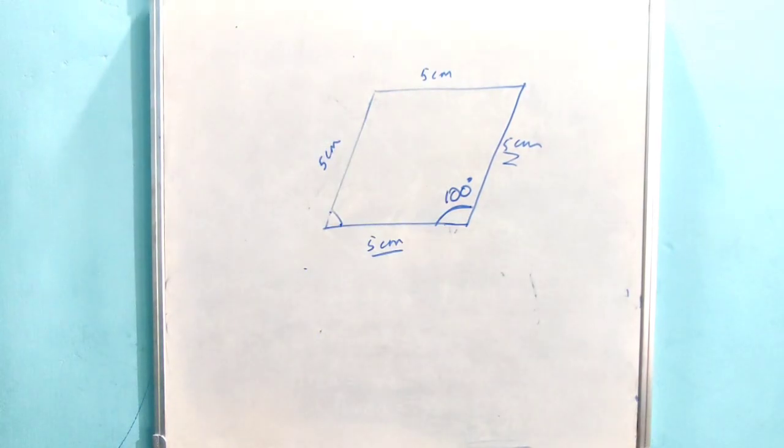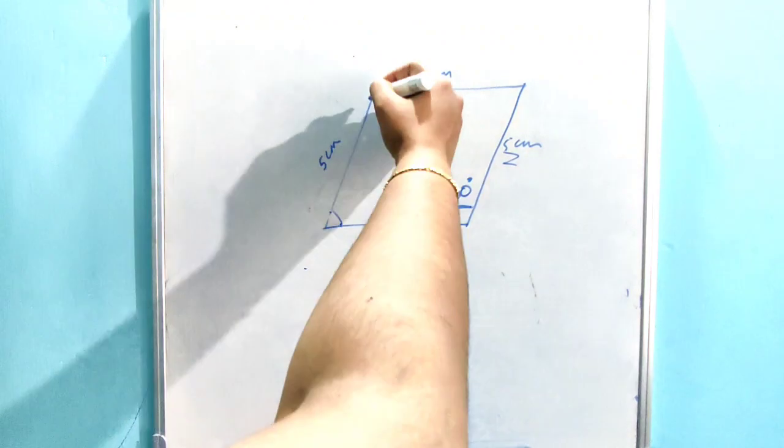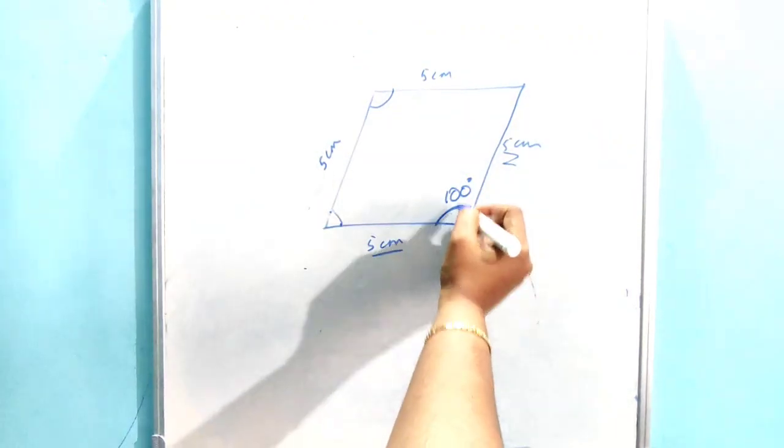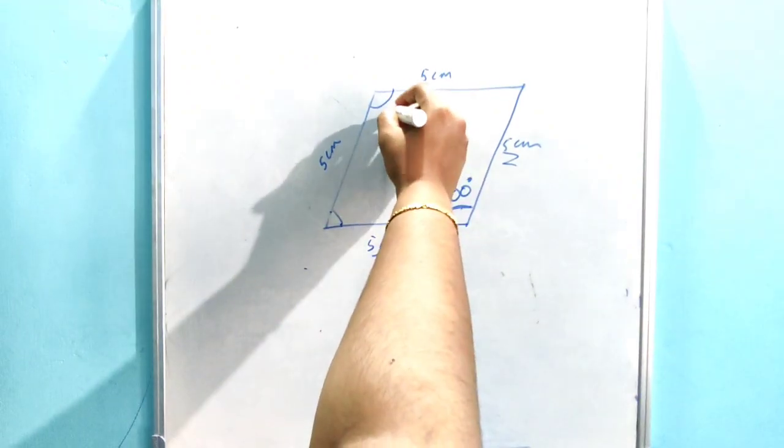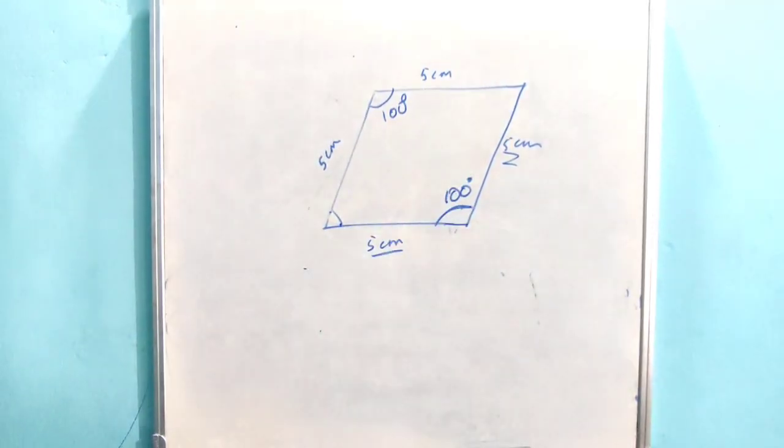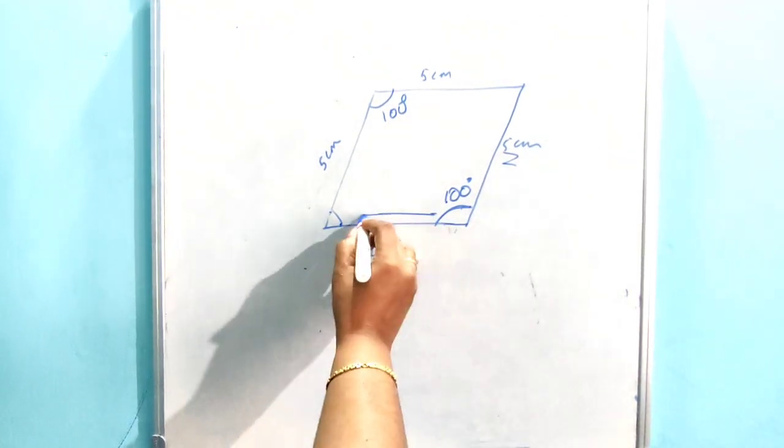Then what about the other angle? Yes, in a rhombus opposite angles are equal. So if this one is equal to 100, this is also equal to 100. Then what about the adjacent angle? Yes, adjacent angles are supplementary.